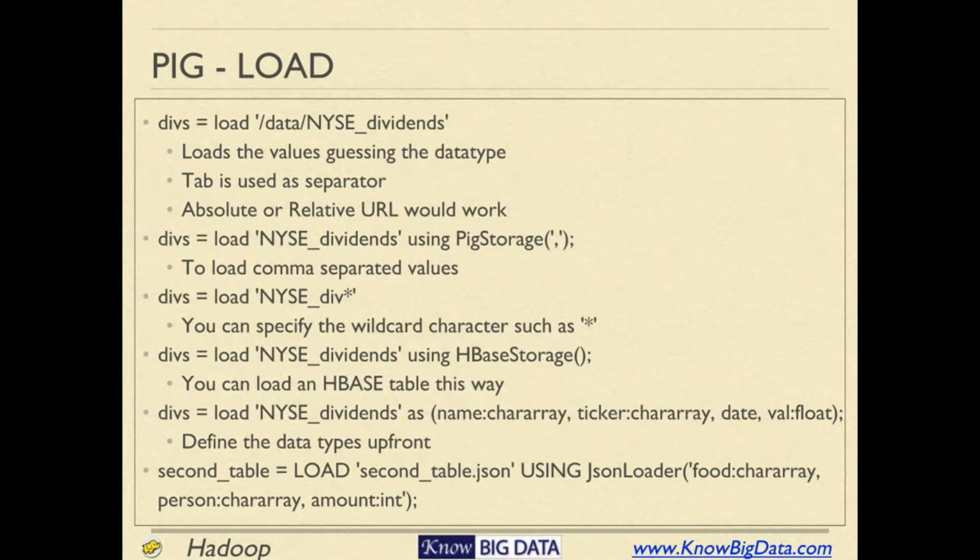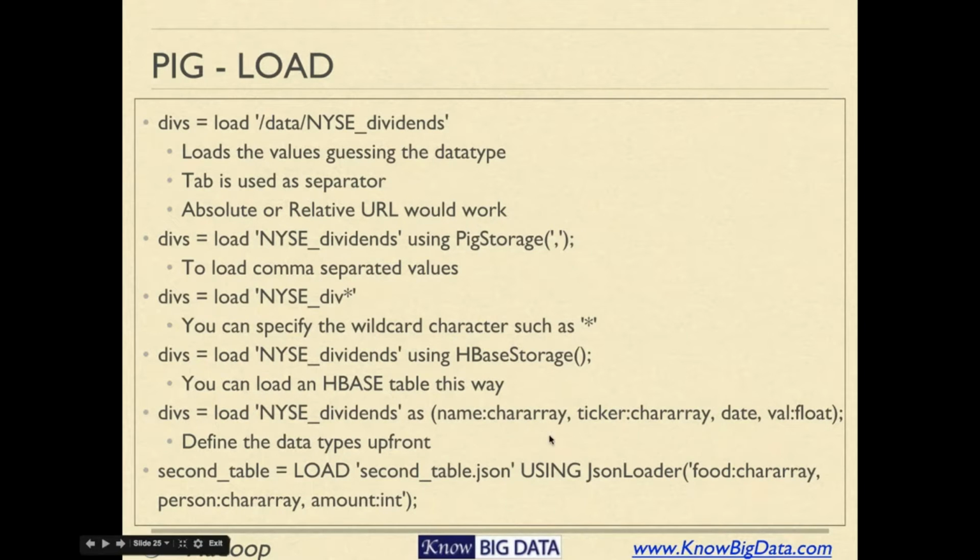Similarly, you can load data from HBase, not only HDFS but also from HBase. You can load the data from other data sources. That's what we mean to say. So Pig provides many kinds of storage. The default storage is PigStorage, and it expects the input data to be tab separated.